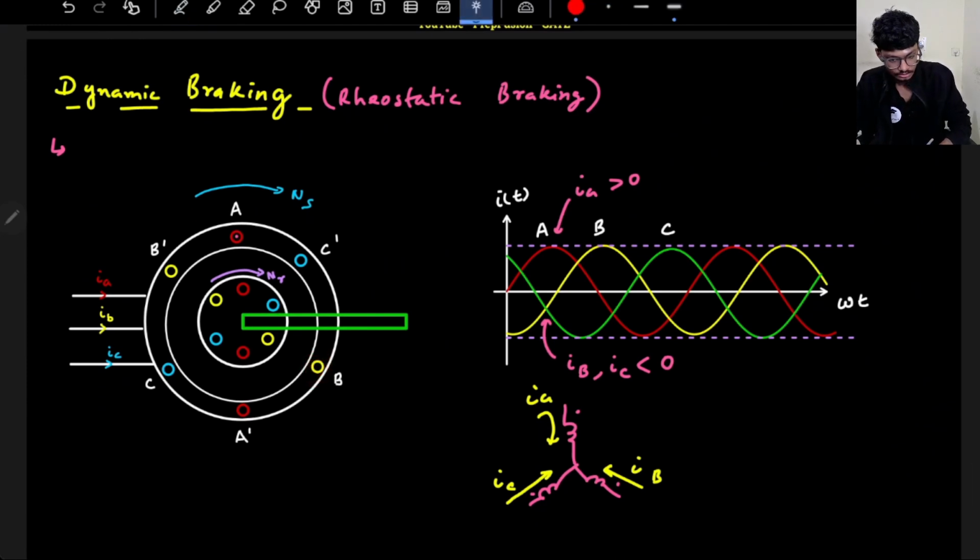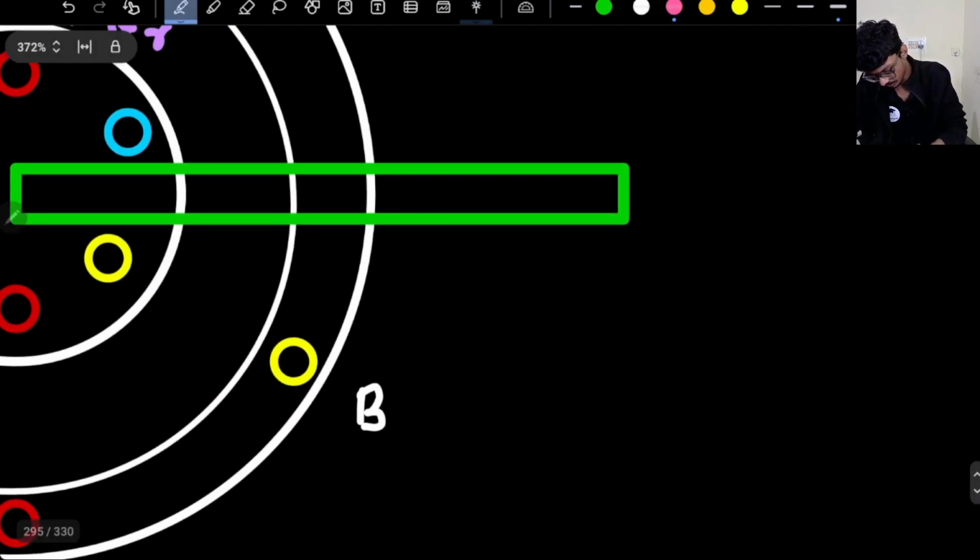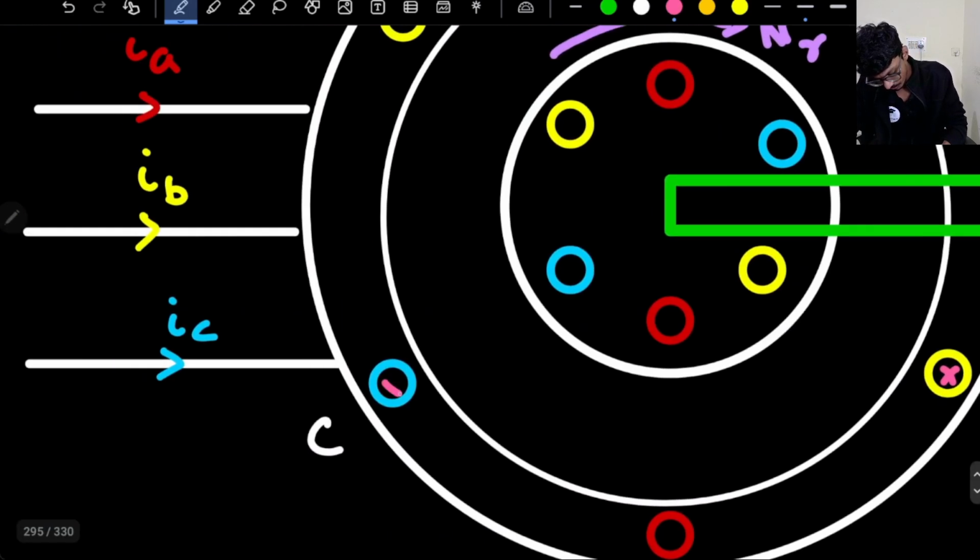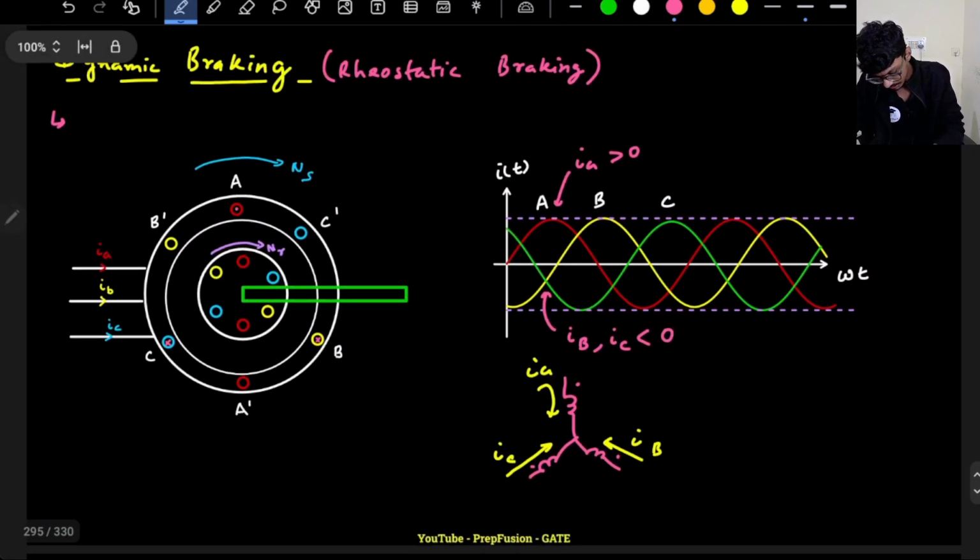B will be cross, because current entering the dot is assumed to be dot, then current exiting will be cross. So B will be cross over here. Same for C. C also will be cross. Now of course this point is basically B, and this point will be B dash, this point will be A, this point will be A dash, this one will be C, this one will be C dash.